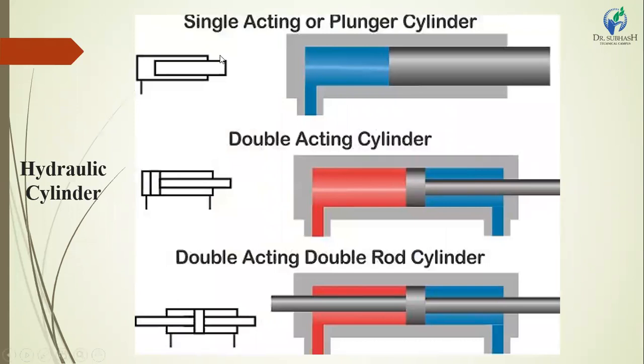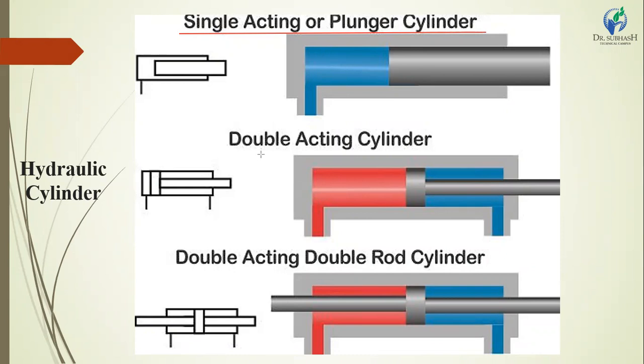These are the different types of hydraulic cylinder. First is the single acting hydraulic cylinder. That means this cylinder works in only one direction, meaning the working area is only one side of the piston.